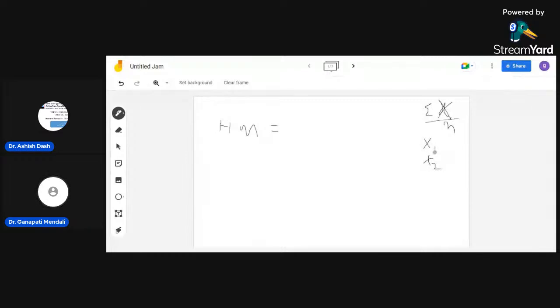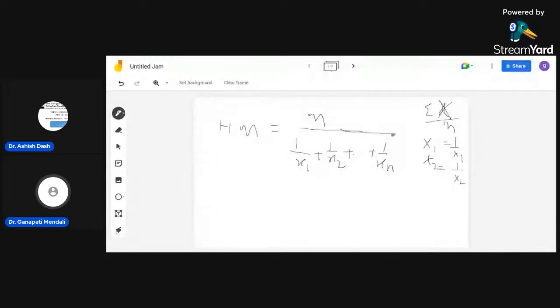The reciprocal of x1 is 1 by x1, and the reciprocal of x2 is 1 by x2. So it is n divided by 1 by x1 plus 1 by x2 plus dot dot 1 by xn.